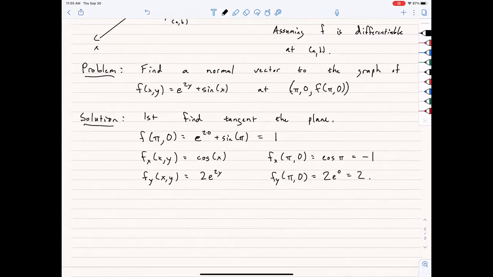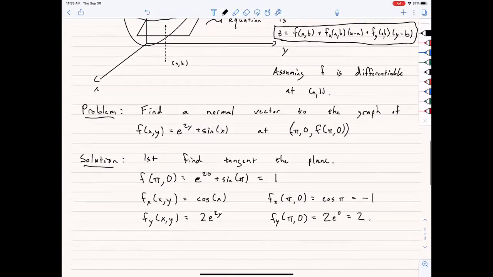Now, I just need to put those guys in and get the equation for my tangent plane, which I have right up here. So I'll leave it up. So the equation for the tangent plane is the following. This is z equals 1, the partial in x is -1, so I might as well write -1 times (x minus pi), plus 2 times (y minus 0), so y.